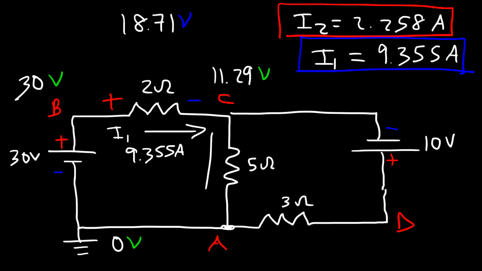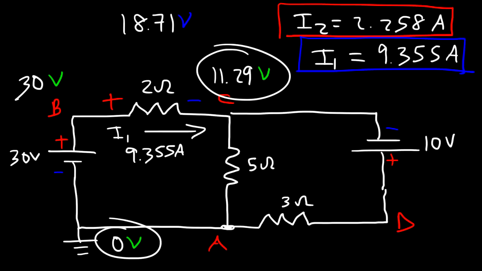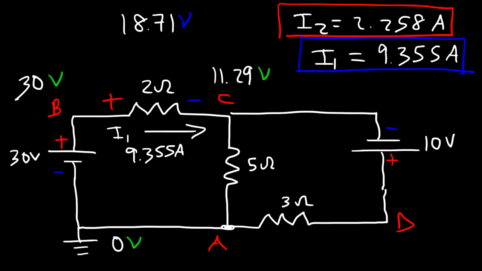So we can calculate the current in the 5 ohm resistor by taking the voltage across the 5 ohm resistor, which is the potential difference between these 2 points. So that's 11.29. And then if we divide it by the resistance of 5 ohms, that will give us a current of 2.258 amps, which is in agreement with this answer, I2. So that means that we're on the right track.